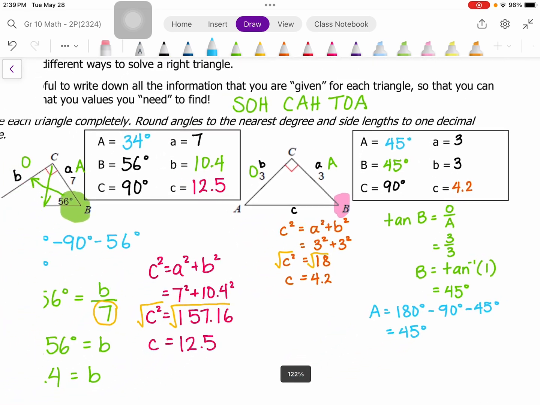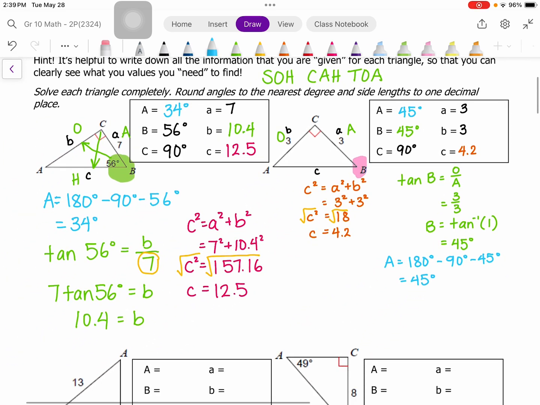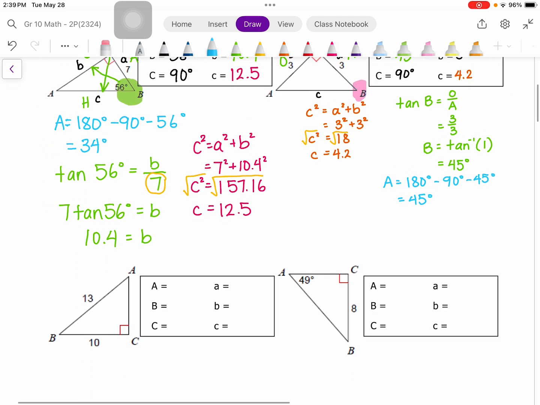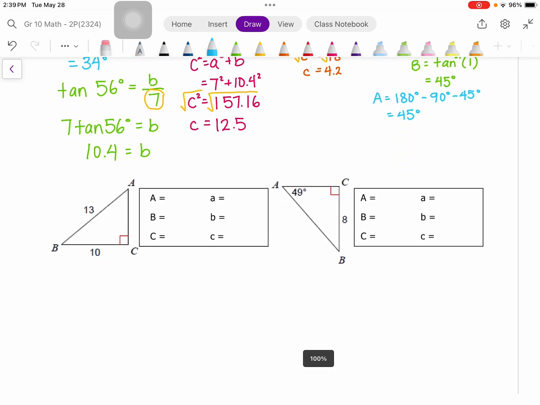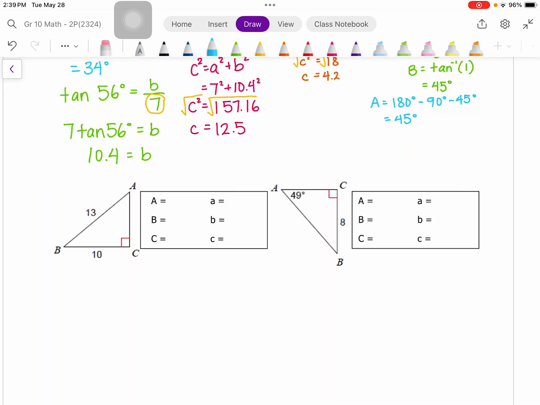So I'm going to leave these for you to try. I will write in the answers over here so you can check your answers. So our starting point is we know that angle C is 90 degrees, and when you solve, angle A will be 50 degrees and angle B will be 40 degrees.